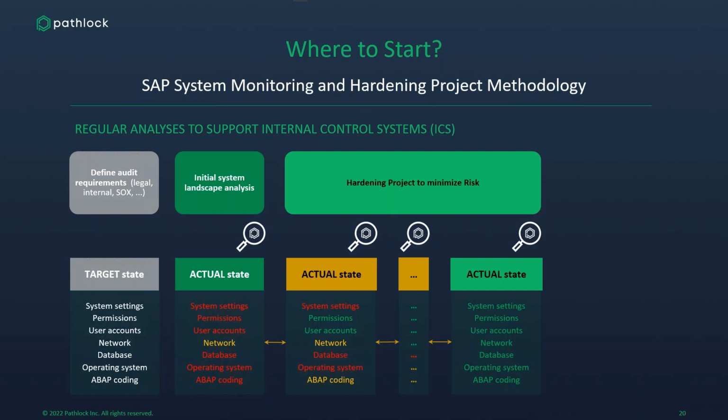So for example, in the first iteration, the permissions and user accounts are fixed, but the database looks bad. In the next one, it looks better and better, and sometime in the future, you have your actual state. And your actual state should look like your target state.